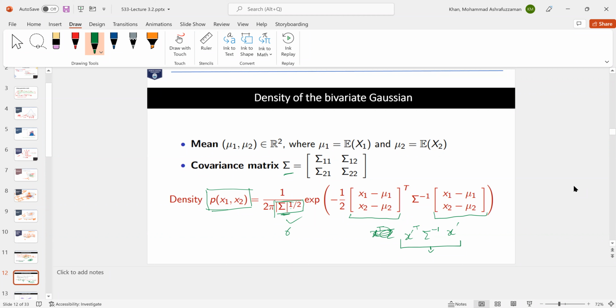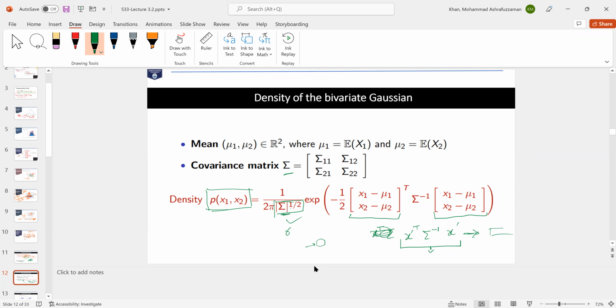If we expand that term, we get a quadratic function of x, and the function evaluates to a scalar value, just one value. So the output of this term is not a vector, it's not a matrix, it's just a scalar number. That's all.